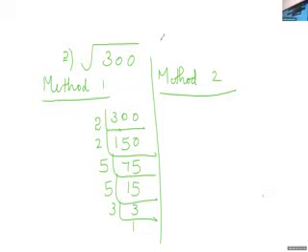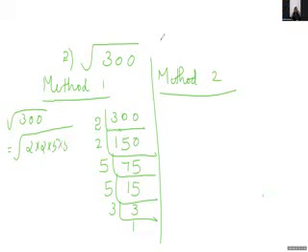So root 300 is, how did you write root 300? Equal to 2 into 2, 5 into 5, into 3. And how did you get the answer like this? From 2, 2, you took out 2.